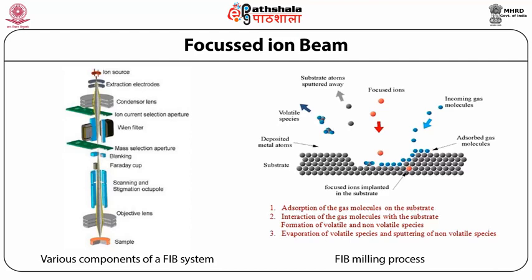The primary beam also produces secondary electrons E-. As the primary beam rasters on the sample surface, the signal from the sputtered ions or secondary electrons is collected to form an image.